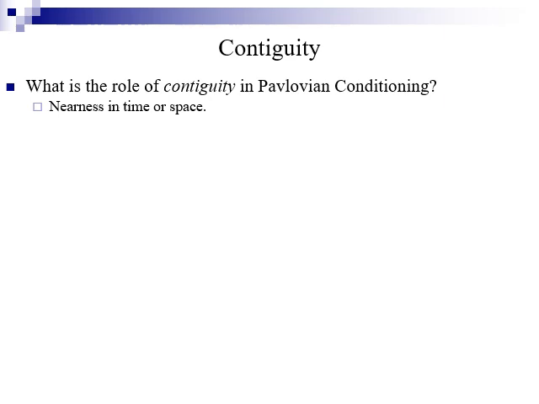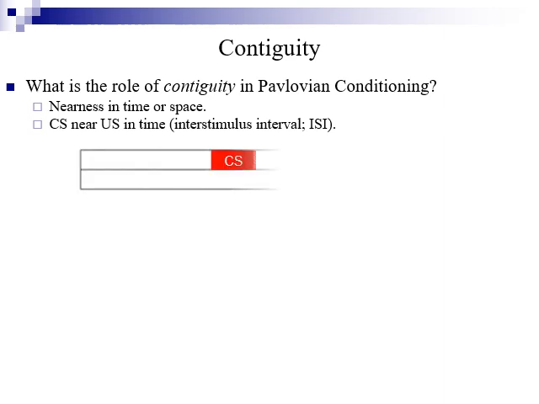In the case of Pavlovian conditioning, what we're really talking about is how close things are together in time. In other words, how close is the CS to the US? This measurement is referred to as the interstimulus interval, or the ISI.